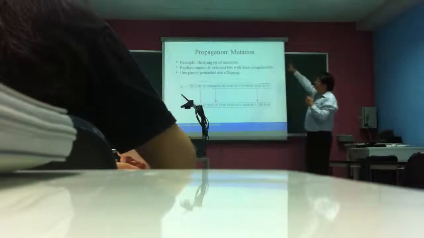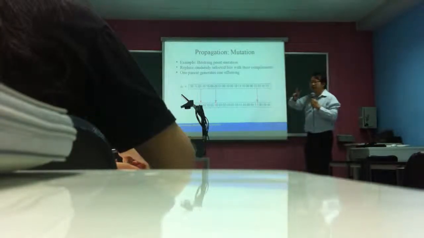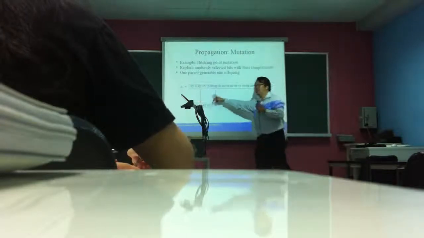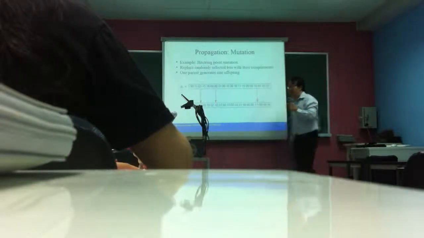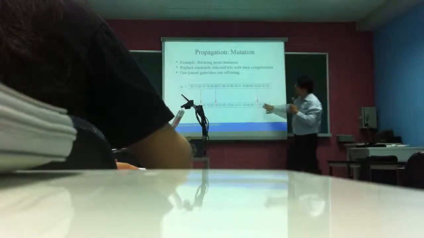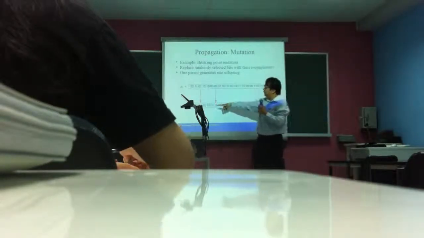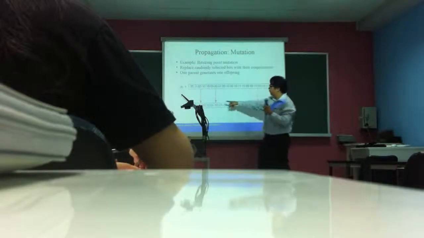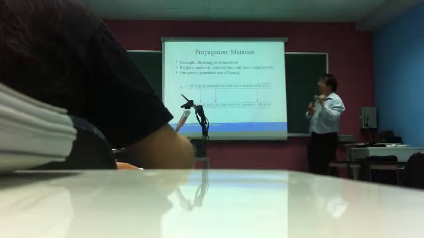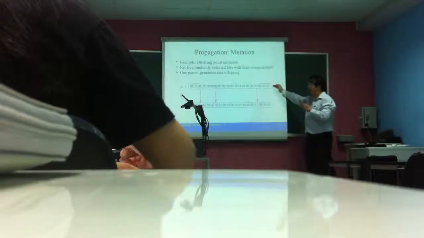From this, we need to calculate the number of mutations and the position of each mutation. Such as in this example, the mutation is in 3 positions, from here, here, and here we use only 1 column.